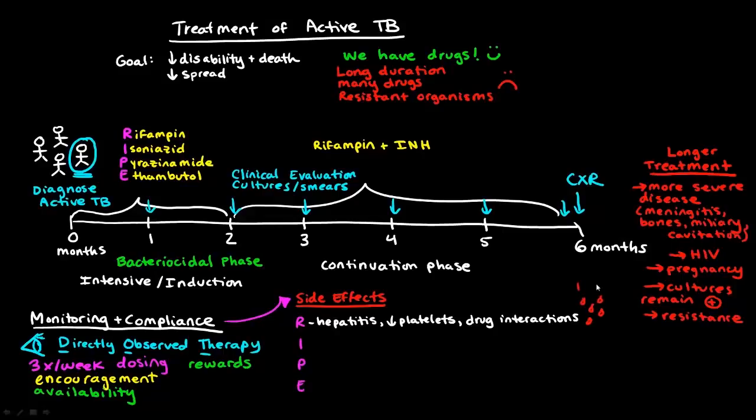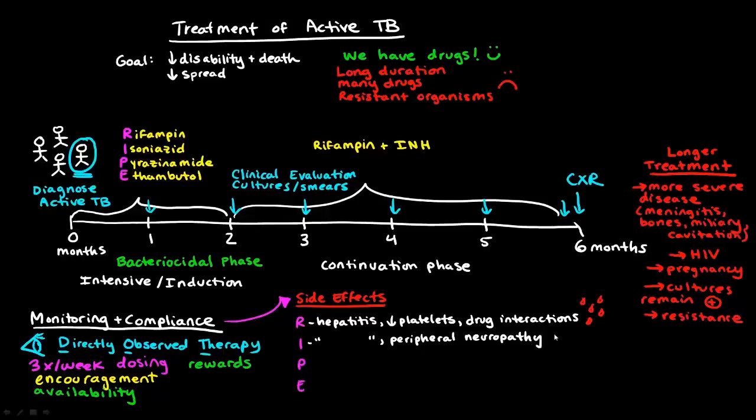With regards to INH, or isoniazid, the main side effects to be familiar with, again, are hepatitis. INH can cause hepatitis, especially in those that already have a reason for having hepatitis, for example, alcoholics. And isoniazid can also cause a peripheral neuropathy, oftentimes resulting from vitamin B6 or pyridoxine deficiency.